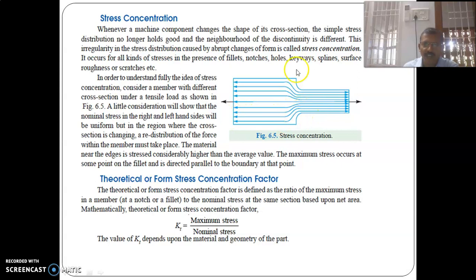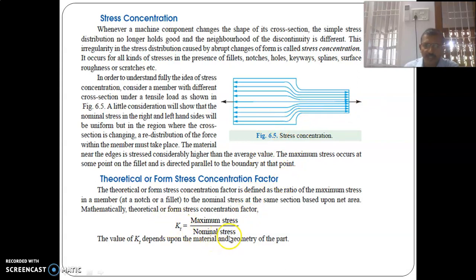Failure will occur in this area compared to other regions. So a theoretical or form stress concentration factor is introduced. Nominal stress is induced in all other cross sections, and the maximum stress is induced in the holes, notches or changes in cross section.